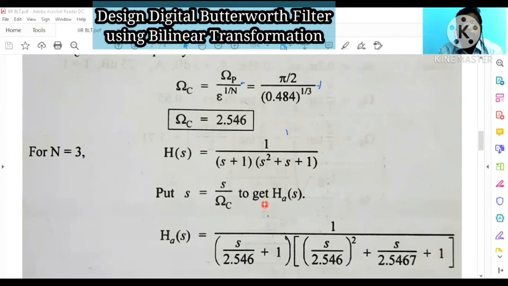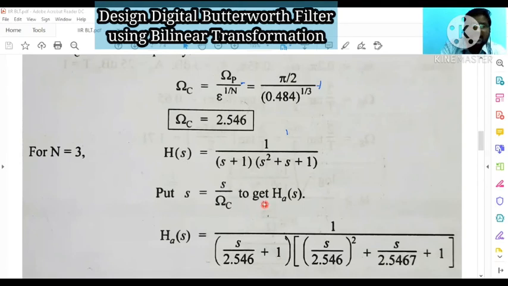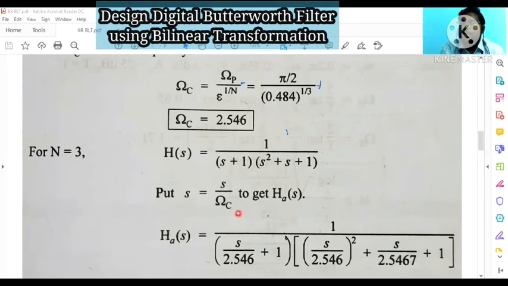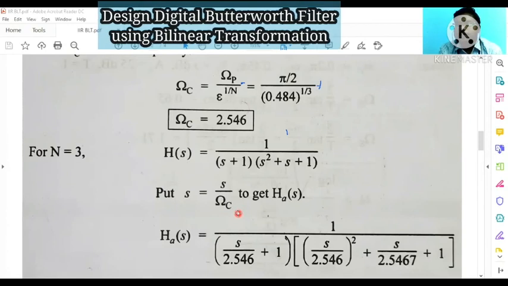But if in your question they are specifically asking what kind of filter you need to design, suppose design digital Butterworth high pass filter, band pass filter, or band stop filter, then in this step you follow that transformation formula.